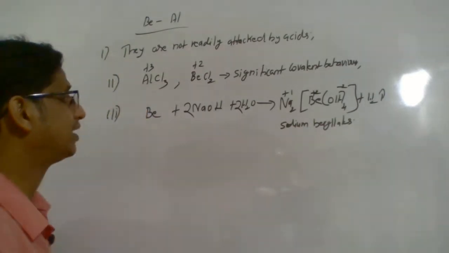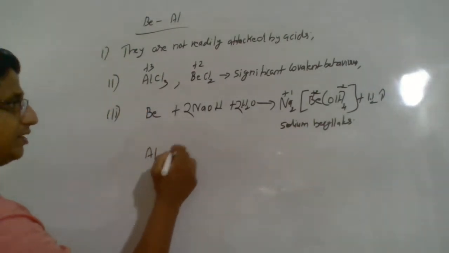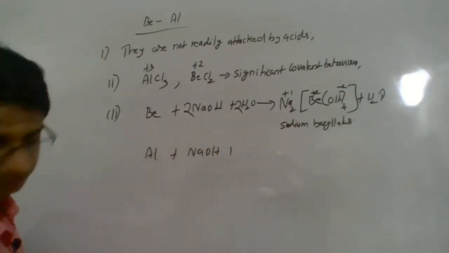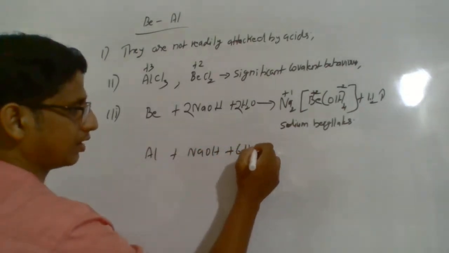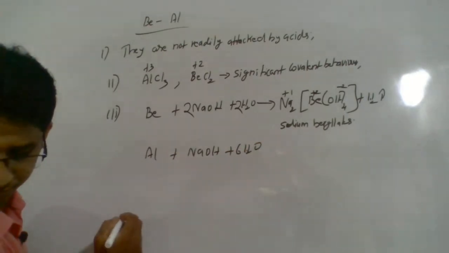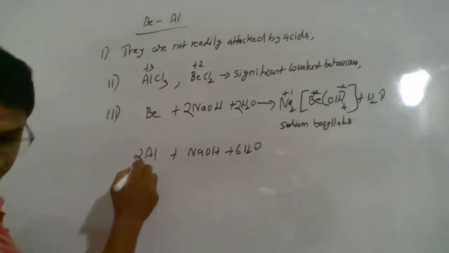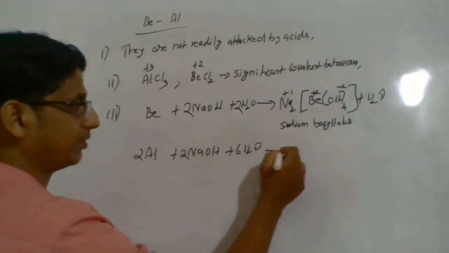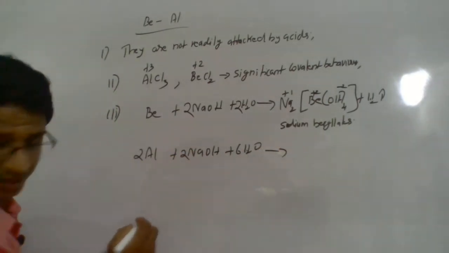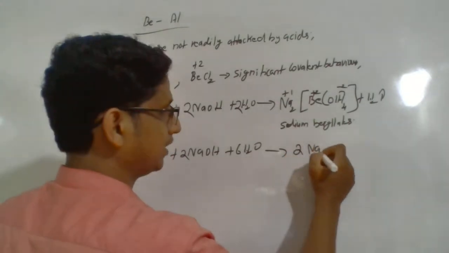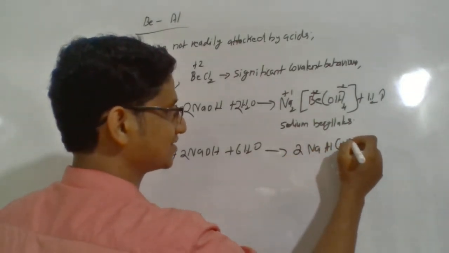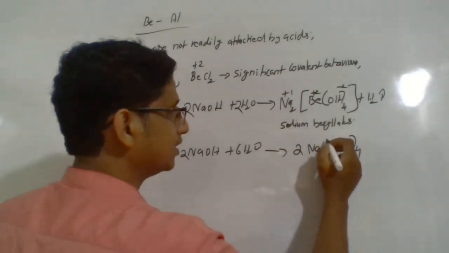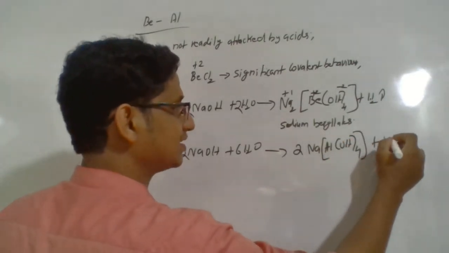So sodium berylate will be formed. Similarly, aluminium combined with NaOH forms aluminates, that is 2Na[Al(OH)4], plus hydrogen gas will be released.